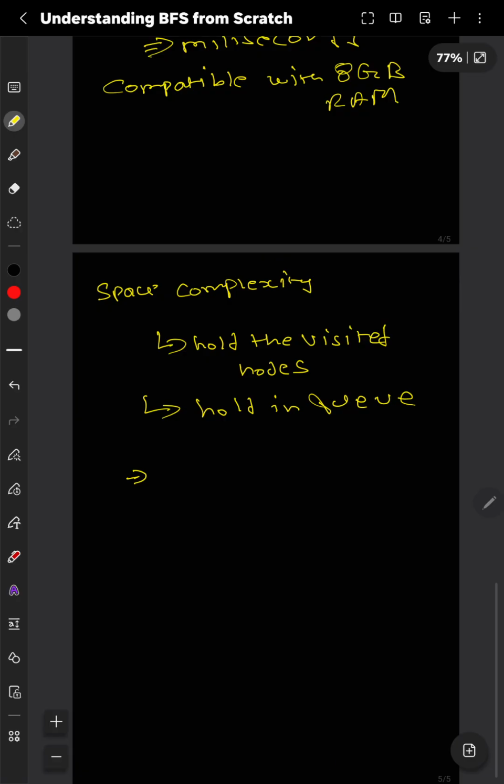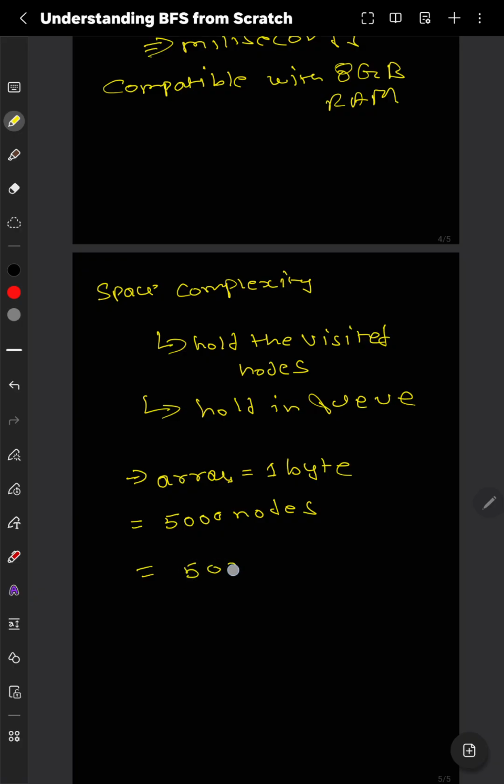If I have created an array of 1 byte each, and we have 5000 nodes to store in the array, the total space required would be 5000 bytes, which is equal to 5 KB. So that is quite less.